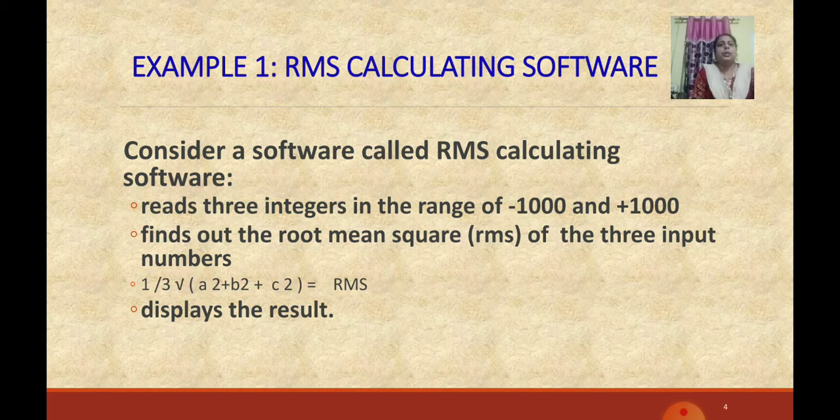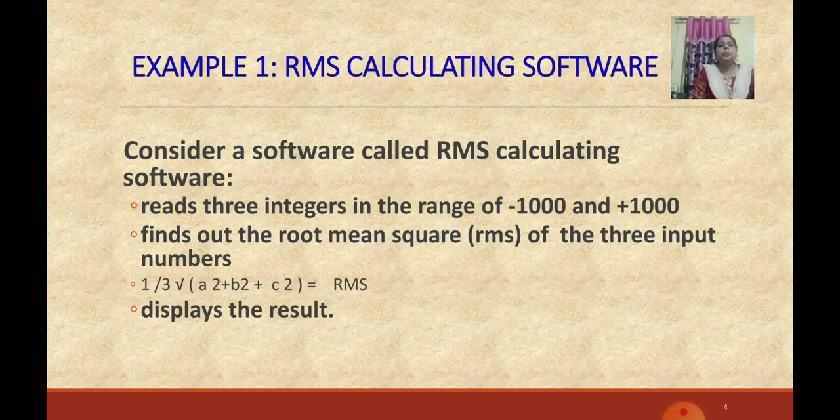Example 1, RMS calculating software. Means this is an example where we are developing a DFD for RMS calculating software. Consider a software called RMS calculating software. Means the software will calculate the root mean square value. It reads 3 integers in the range of -1000 and +1000. Means the software will accept 3 values within -1000 to +1000.